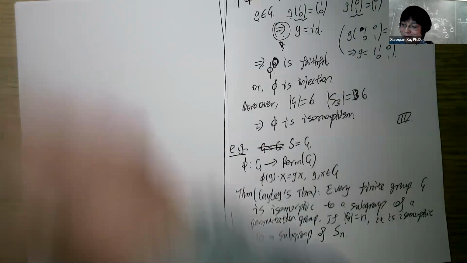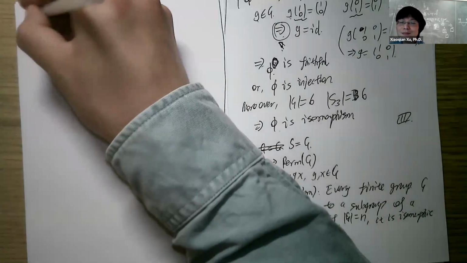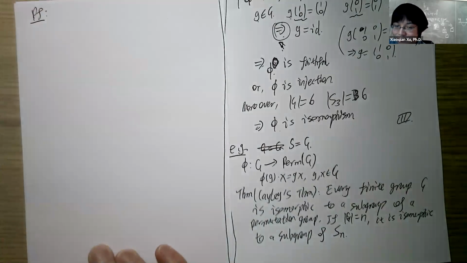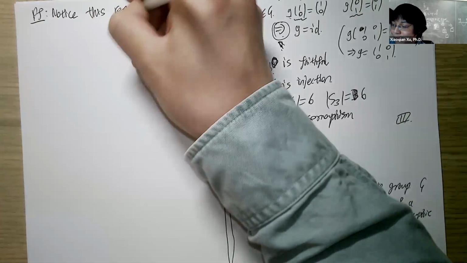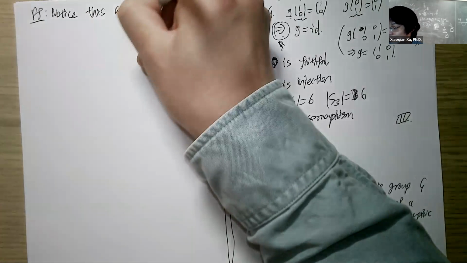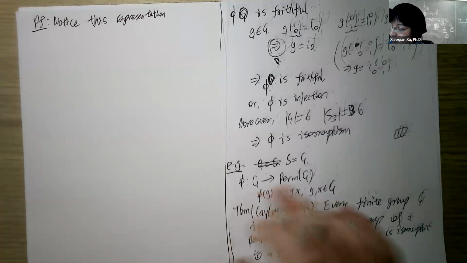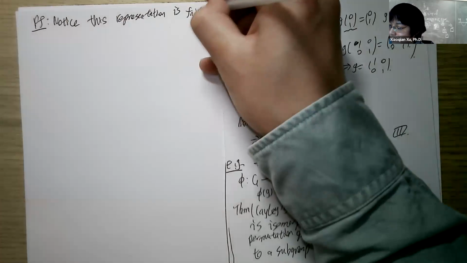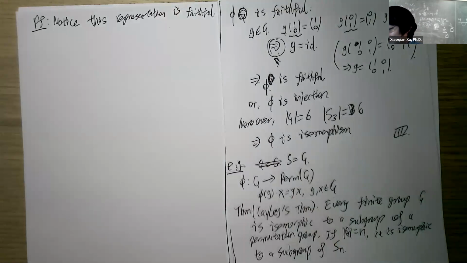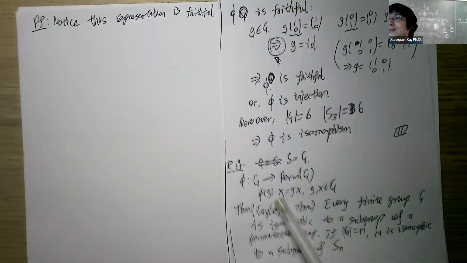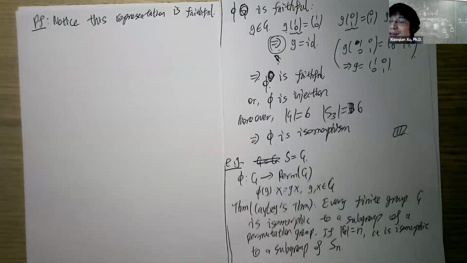Well, the proof is very simple. You can notice that this representation, where you use the group acting on itself, is faithful. Which means if there is an element that doesn't change any elements, if g times x is always equal to x, then of course this g is equal to the identity, which is why this representation is faithful.